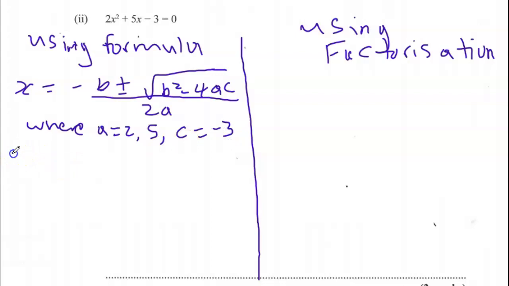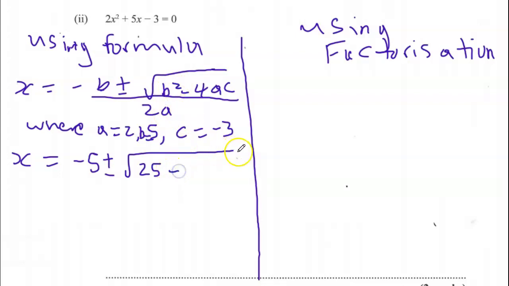So negative b is negative 5, plus or minus the square root of b squared, which is 5 squared, that's 25.